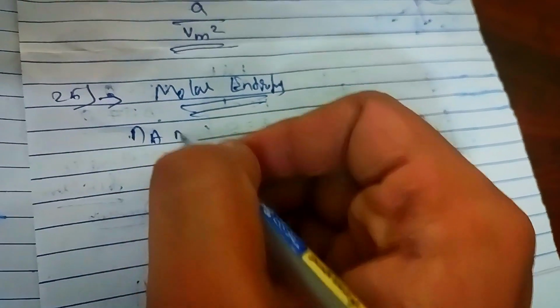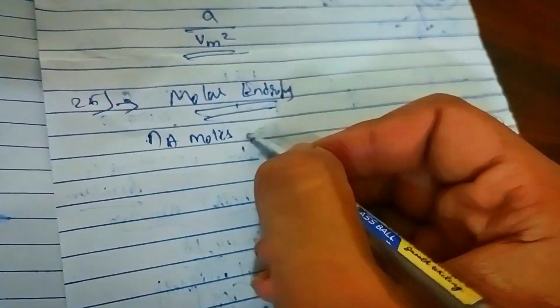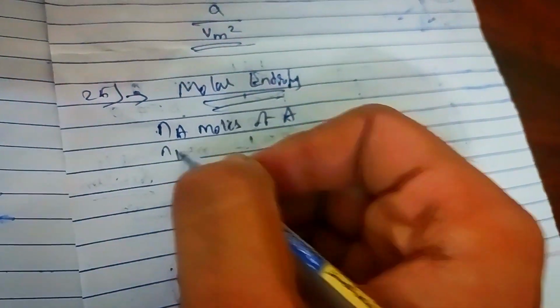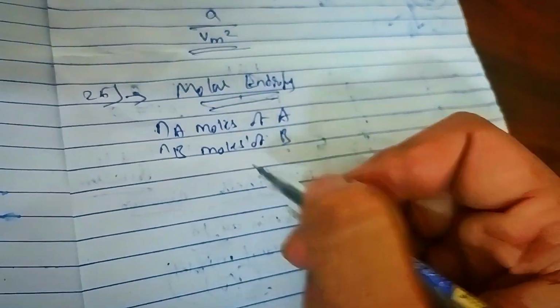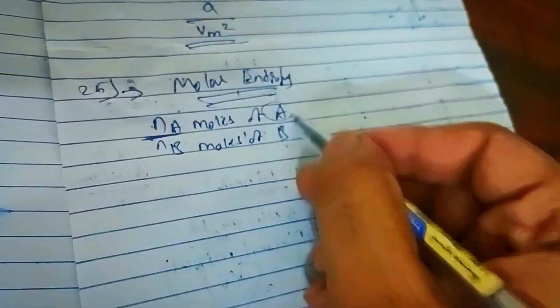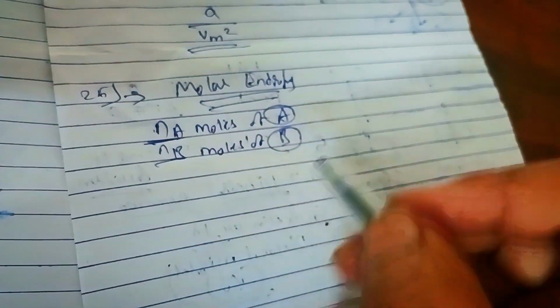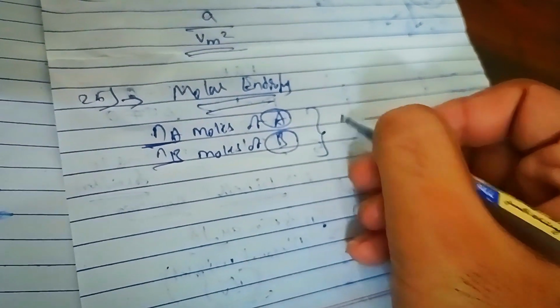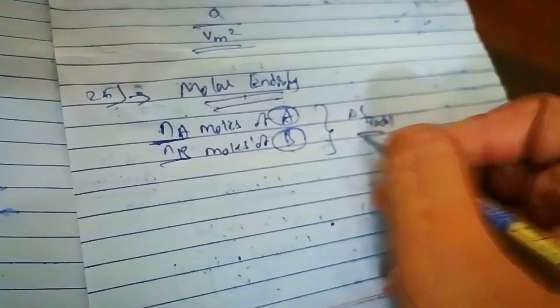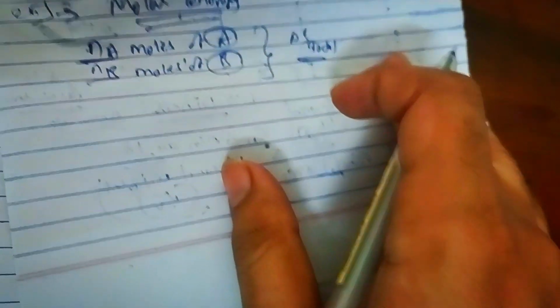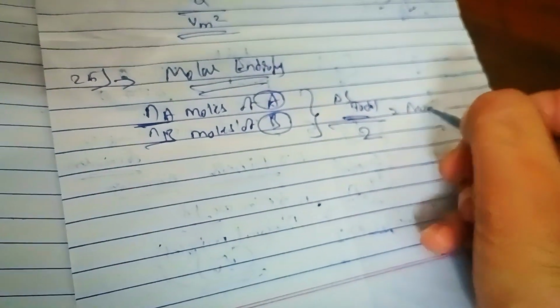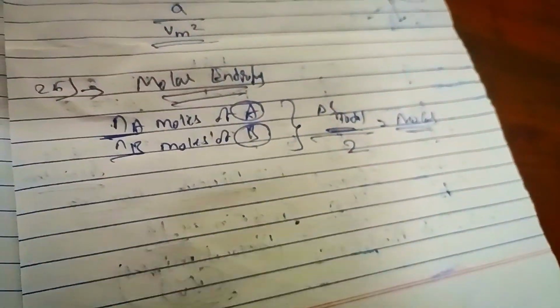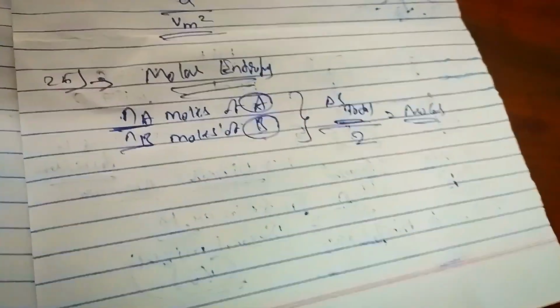taking Na moles of A and Nb moles of B, the number of moles of A and the number of moles of B. This is the total entropy, delta S. By dividing this total entropy by 2, we get the molar entropy.